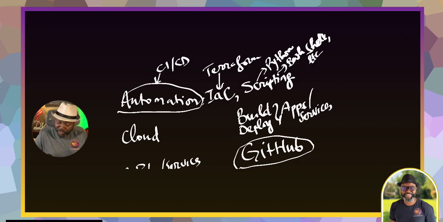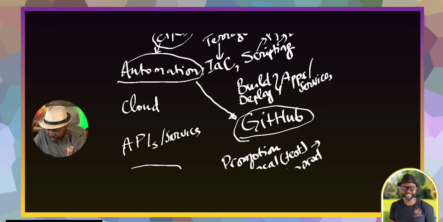And Marie, you also said GitHub for automation. That would be under CI/CD. That's what we call GitHub Actions, a tool used for that.